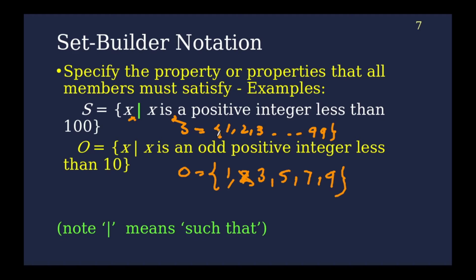One is roster notation, second is set builder notation. When the sets are very large, set builder notation is very handy to represent the set. For example, if you want to represent the set of natural numbers, we write S equals x such that x is a natural number. With this we have represented all the elements of set S by representing the property.